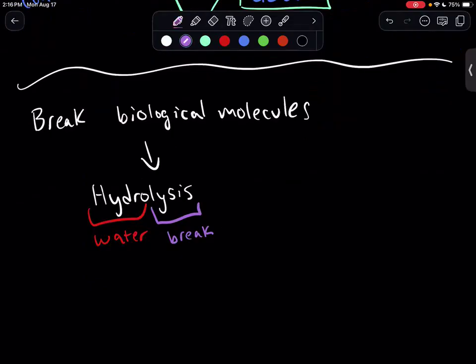So again, if you know biology, to lyse is when a cell breaks. So when a cell lyses, it breaks. It usually explodes from too much water. But to break and water give us the term hydrolysis. It's basically the inverse of condensation. You take water out to build the molecule, you put water in to break the molecule.